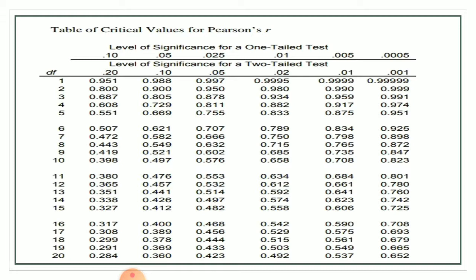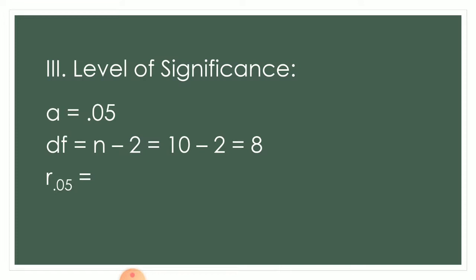Let us find the level of significance for a two-tailed test at 0.05. Then, on the leftmost column, find the degrees of freedom, which is 8. Then, get the intersection of the two, so that is 0.632. So, the r tabular value is equal to 0.632.